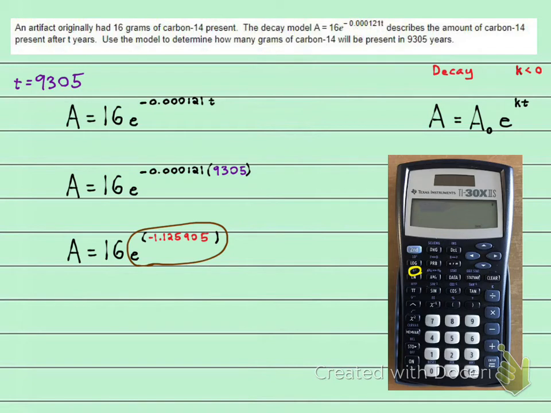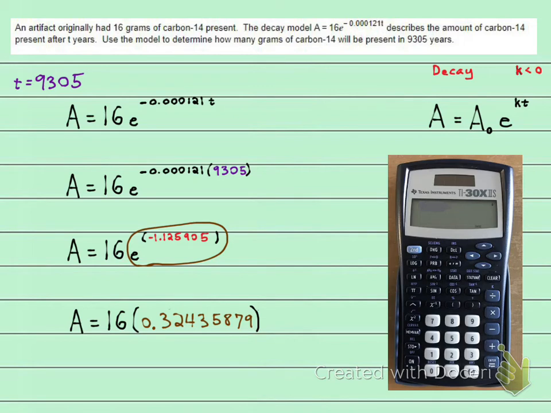So we need to do the second ln, and that's going to give us e to the power of, and then you can either type in this number, or if you have your answer stored in the calculator, you can hit second ANS and it will put your previously stored answer in there. Okay, and now we get 0.32435879.